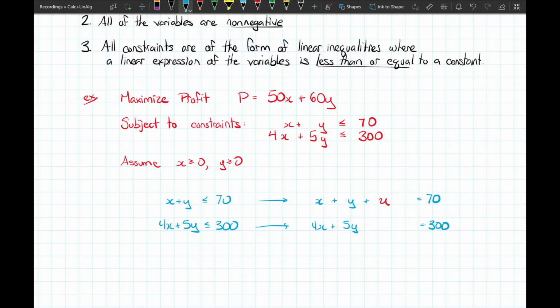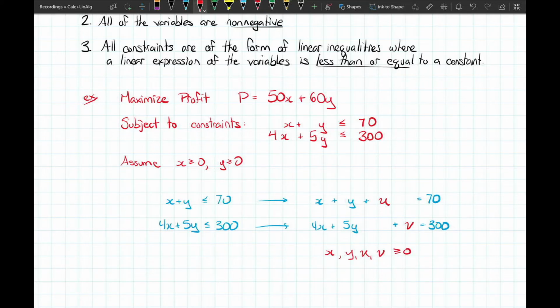But we've already introduced one slack variable for the first inequality, being how much of the 70 is not being used. We can't use the same value again. We'll have to use a new slack variable, and maybe we'll use v in this case. Now we have our constraints in the form of equalities, and we know that x, y, u, and v are all greater than or equal to 0.